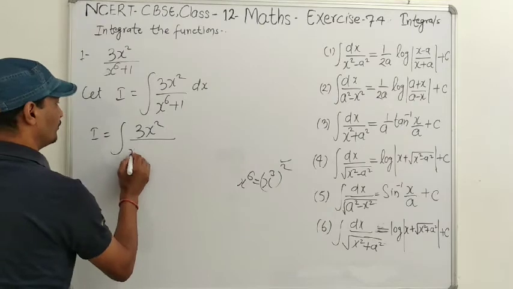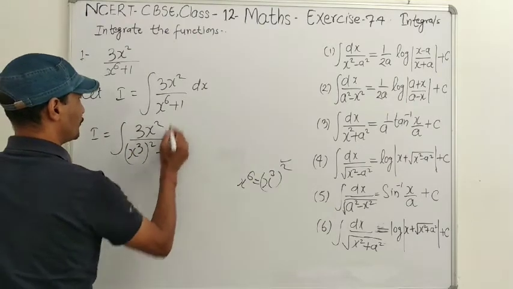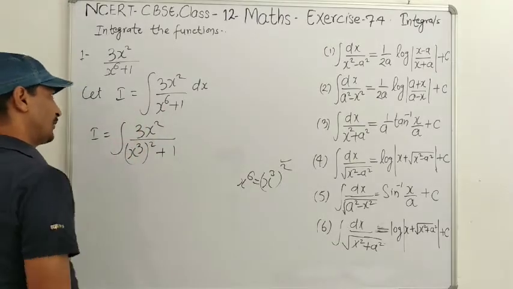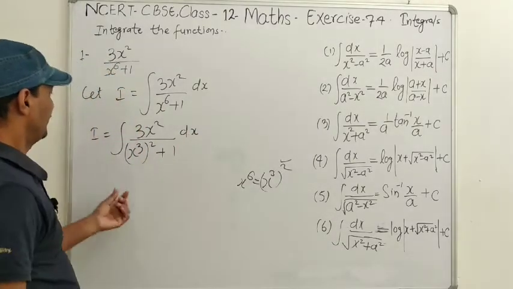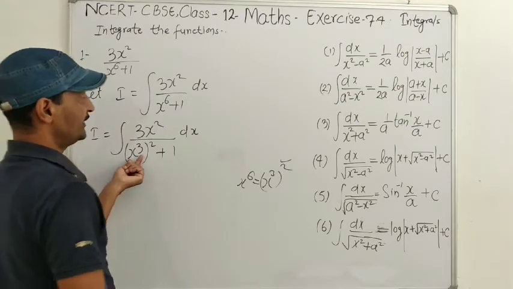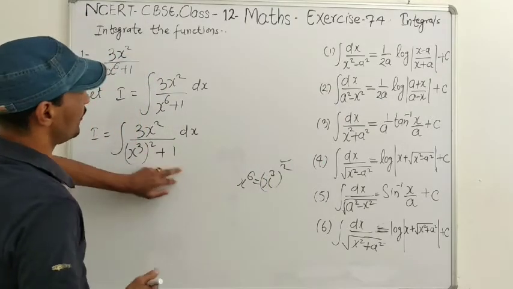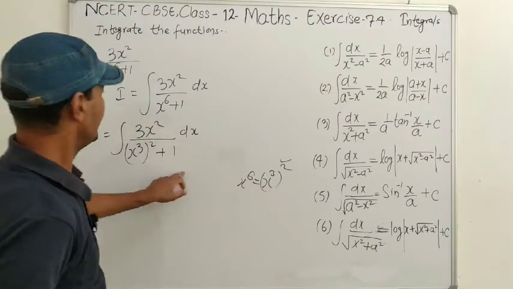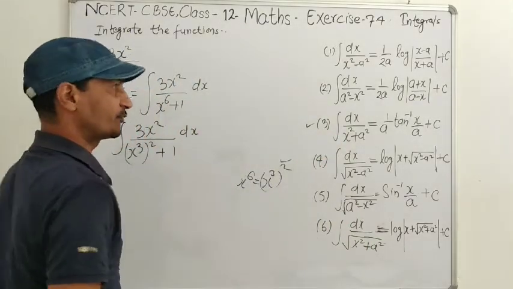So it may be written as x cube square plus 1 square, square of 1 is 1, dx. But here this term must be x, like this. So it is x square plus a square. That means this formula is applying here, x square plus a square.